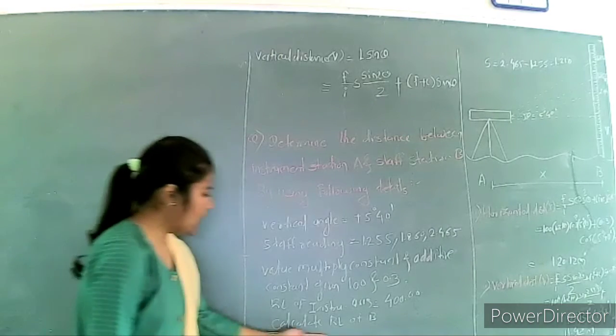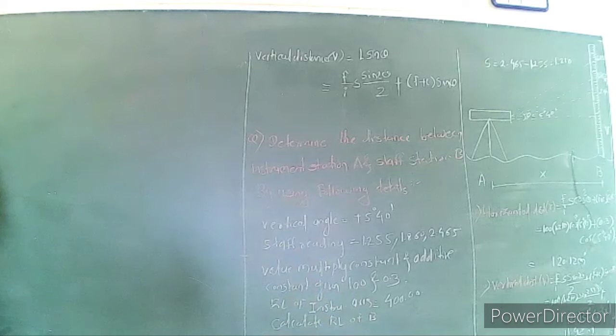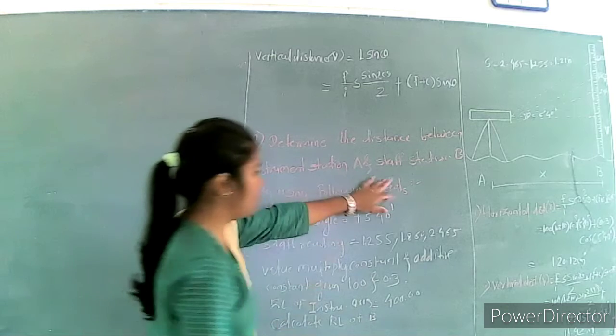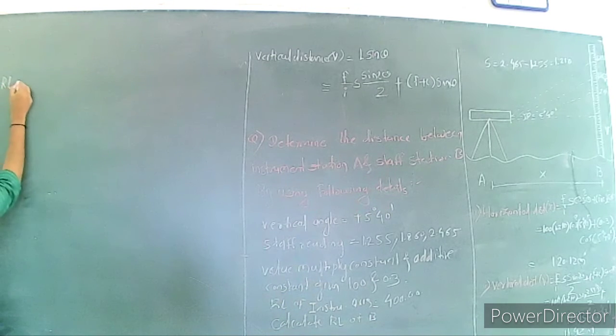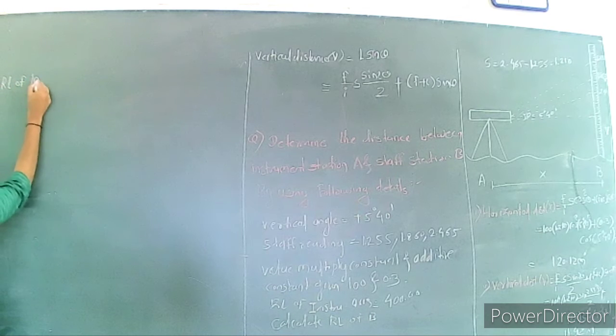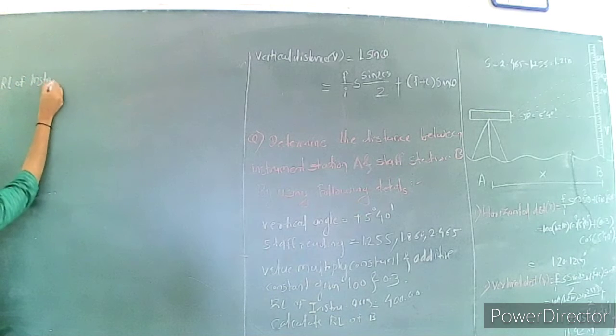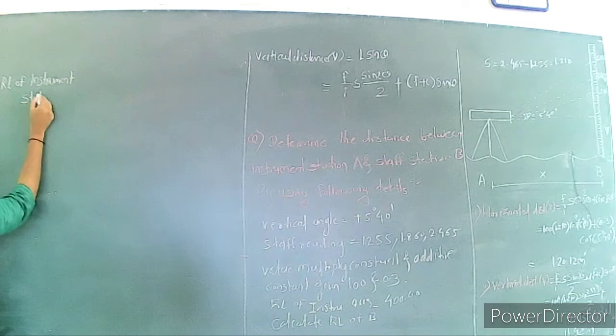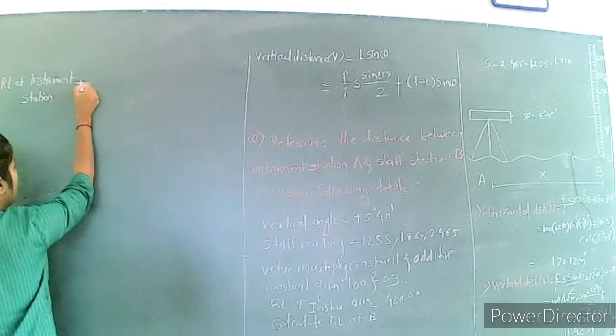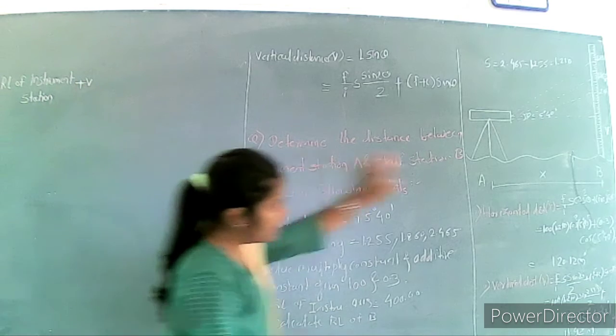Now we have to calculate the RL of B, and at point B we place a staff. Then by using RL of the instrument, the RL of the instrument value is given, plus V, for what?